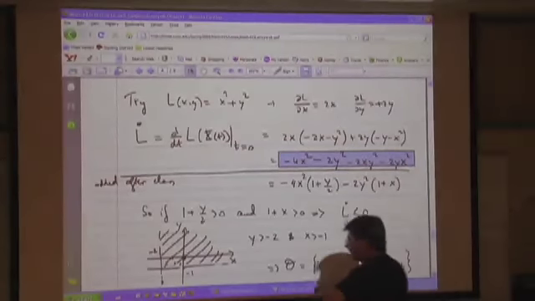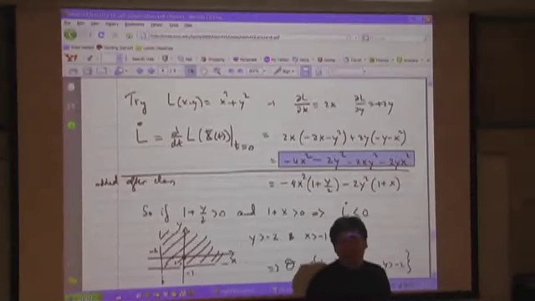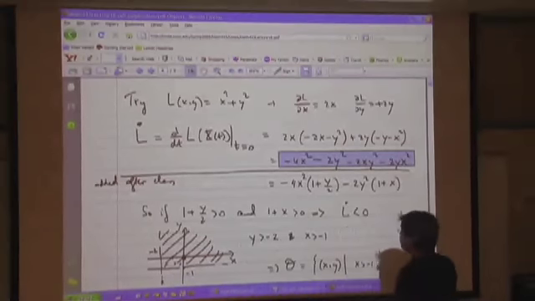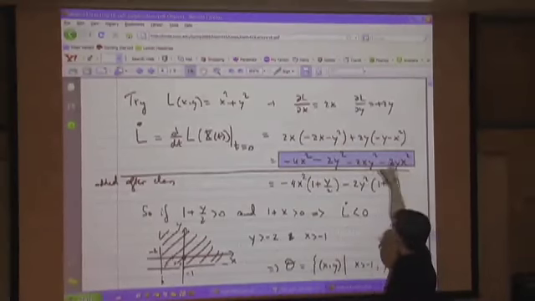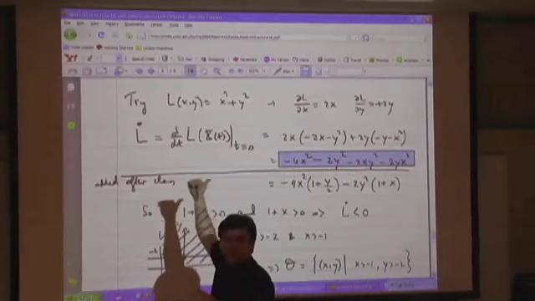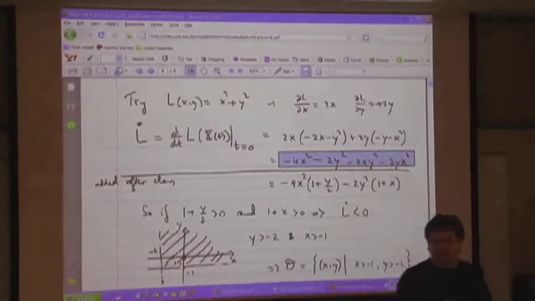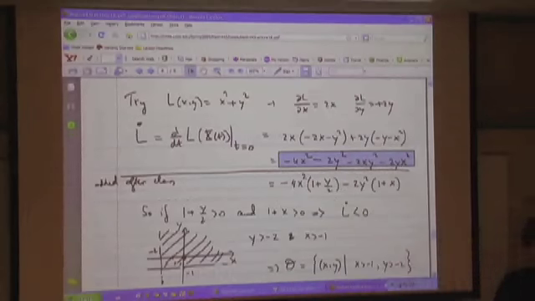But to go and say that the ball of radius 2 is also in the basin of attraction is a lot trickier, and you'd have to go back to this expression and maybe group it differently, or figure out fancier ways of looking at the sign of this expression. It's just a matter of looking at the sign of this quadratic function of two variables to see where it's negative. Okay?